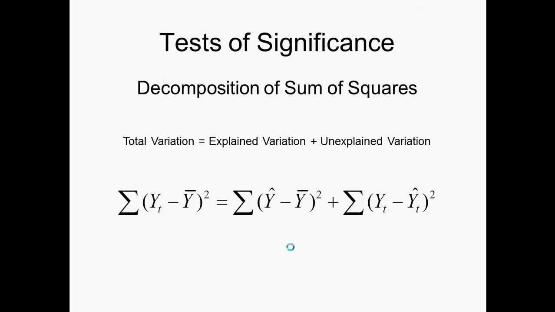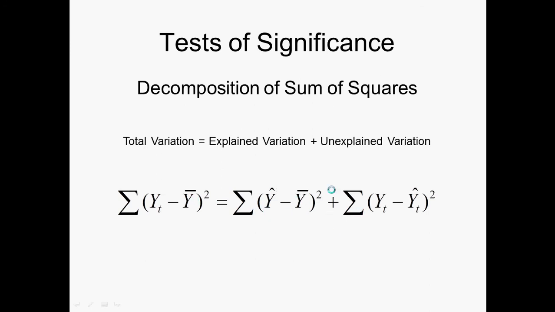Okay, so we talked about the sum of squared errors. So how far does the dependent variable deviate from the mean? Now, our regression tells us partly how far it varies. So the y-hats tell us partly how far. Some of the variation will be picked up by the y-hats, probably not all of it.